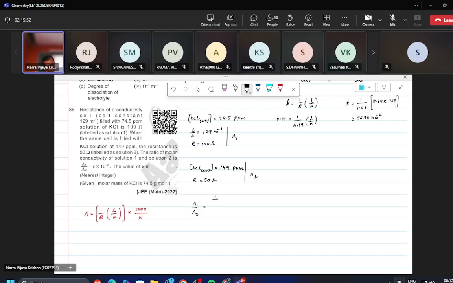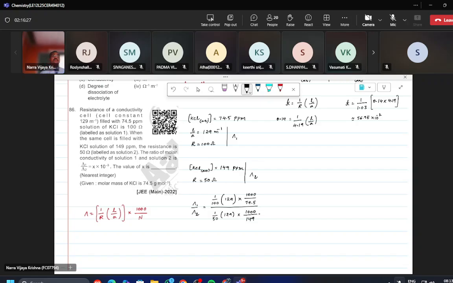1 upon 100 into L by A, 129, into 1000 upon concentration 74.5, divided by 1 by 50 into cell constant remains the same, 129 into 1000 upon 149.